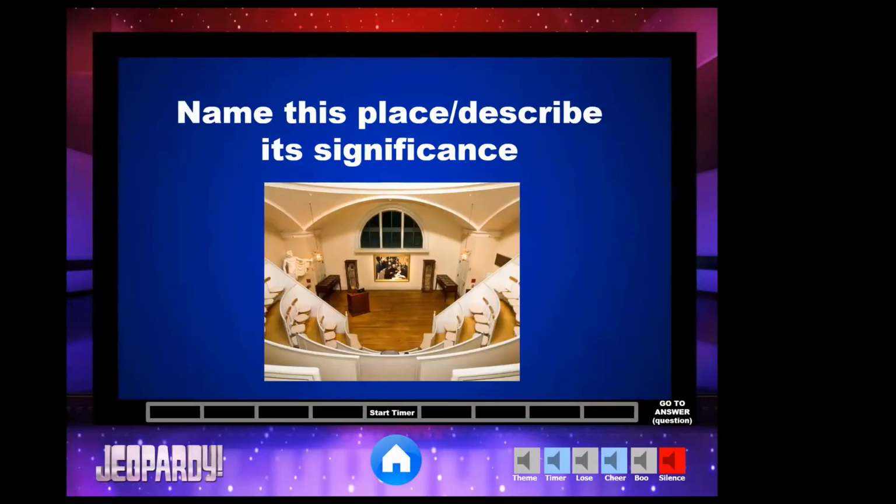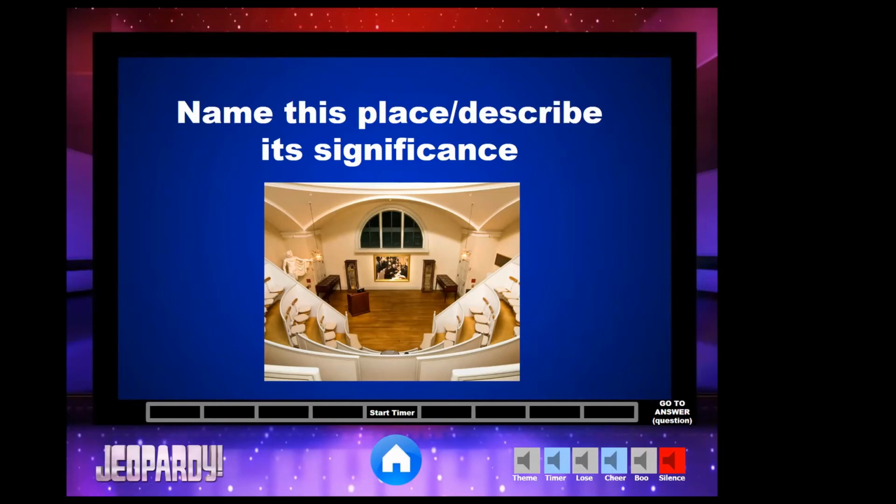Name this place and describe its significance in the field of medicine. All right.